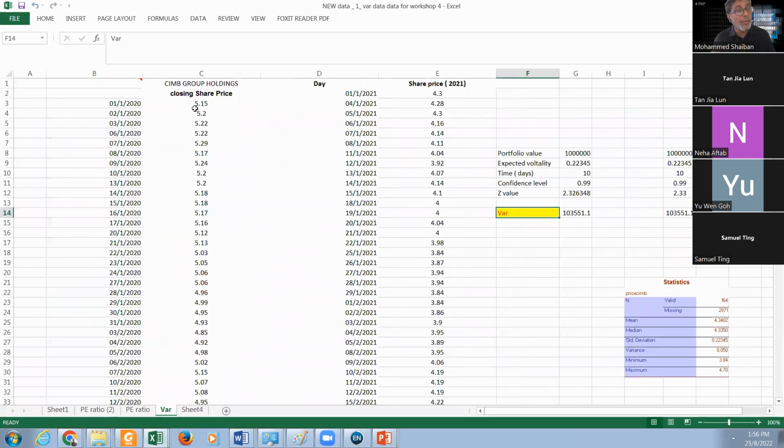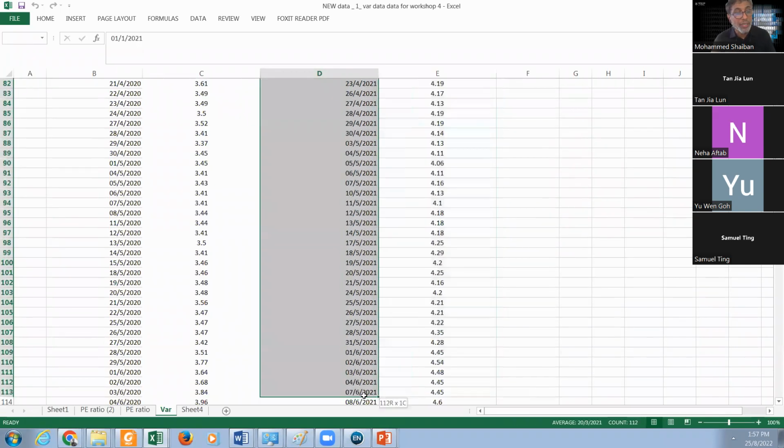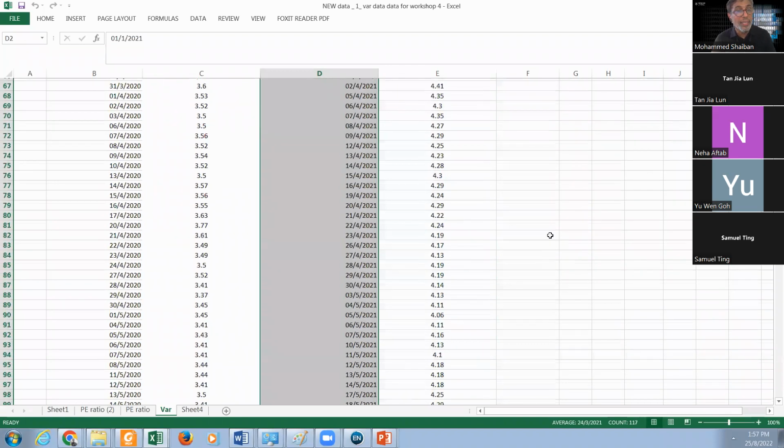So if I take, for example, the closing price by day for one of those banks, which is CIMB, and get the share price between one day and the other, and consider an investment of 1 million, I can calculate the expected volatility, which is the standard deviation of the price.